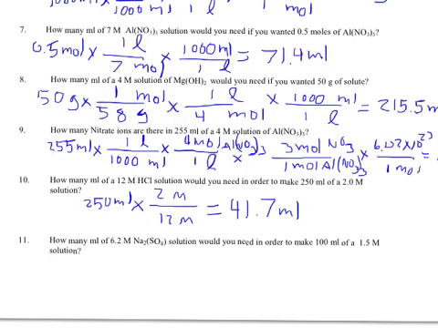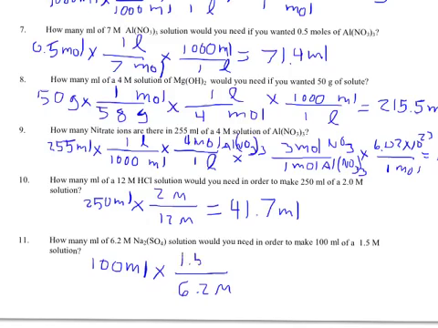There are other ways of coming up with this. This is just the way I like to do it. So let's try the next one. It's going to be the same way. In this case, I say how many milliliters of the high concentration do you need in order to make this many milliliters of the low concentration. So as always, you never start with big M. You start, in this case, with 100 milliliters, and I multiply by a fraction that has what you've got down below, 6.2, the large concentration, and what you want up above.